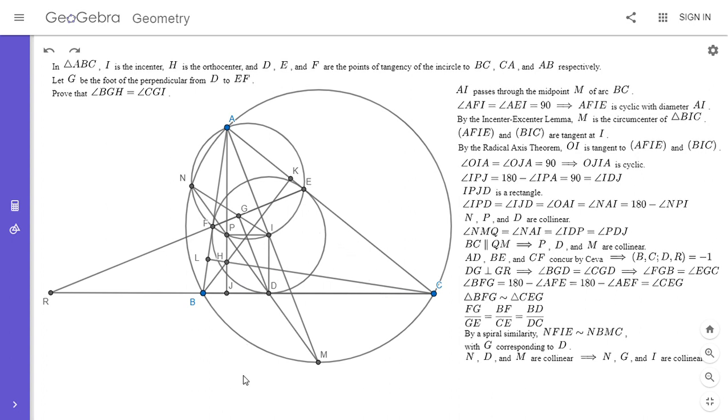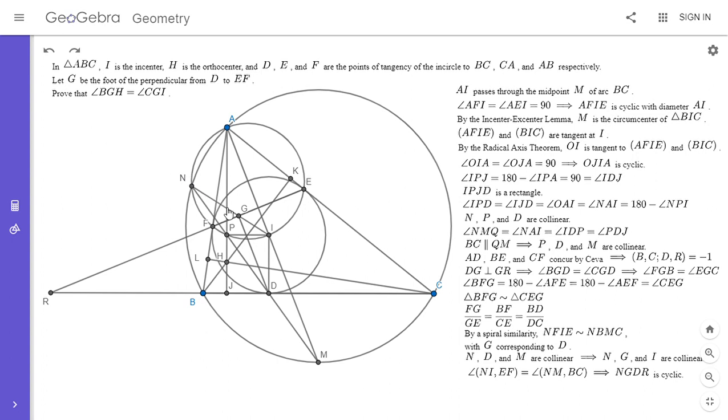Before I get too much into it, I'm going to do something here. First I'm going to show that N, G, D, and R is cyclic. That's true because if we look at the similar figures that I mentioned, the angle that NI makes with EF has to be the same as the angle that NM makes with BC, because those two pairs of segments in the figures correspond to each other.